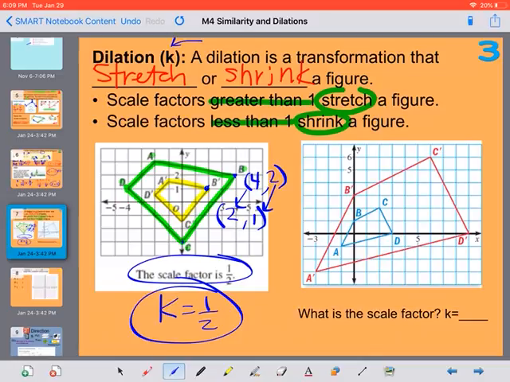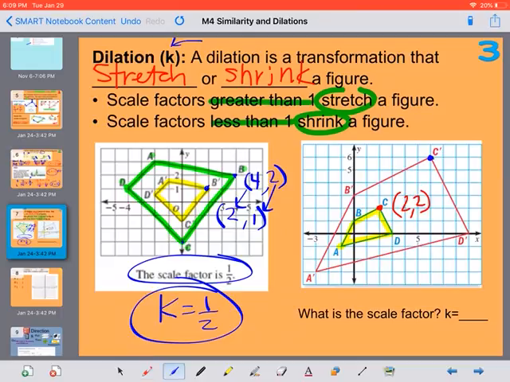So let's figure out the scale factor on this one. We are starting with A, B, C, D in the middle here, and you only need to look at one point. We don't need to do all of the points just to determine the scale factor. I'm going to look at this point C because it's both in the positive side. That point right there is 2 to the right and up 2.